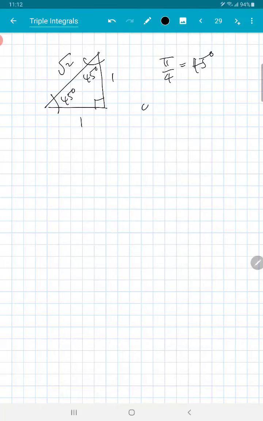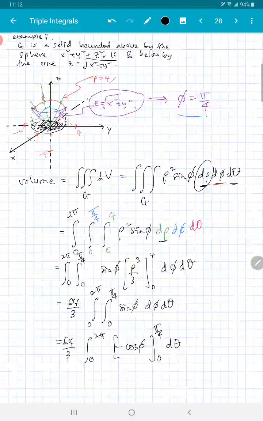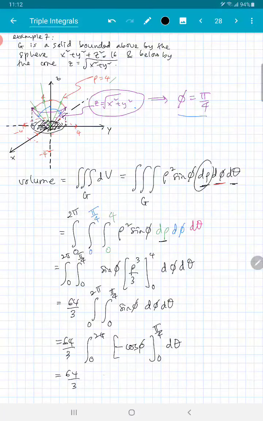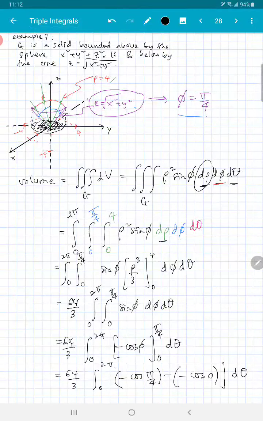So from here we can see that cos pi over 4 is adjacent over hypotenuse, which is 1 over square root of 2, or you can use the decimal value if you like. So here we have 64 over 3, 0 to 2 pi, negative cos pi over 4, the upper limit, minus the lower limit, negative cos 0, and we still have d theta there.